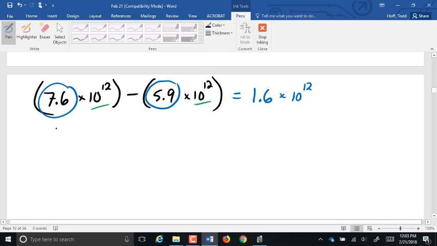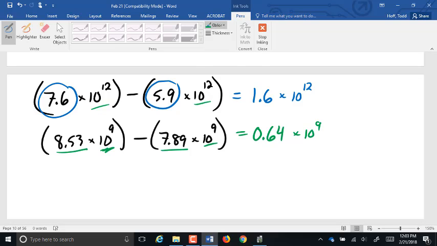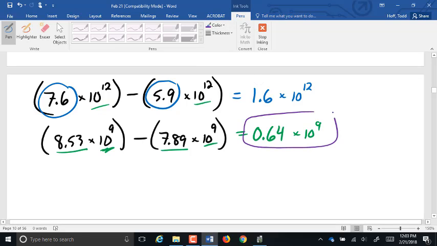We can run into issues here, of course. We might have 8.53 times 10 to the 9th minus 7.89 times 10 to the 9th. We go to subtract here, 8.53 minus 7.89 is 0.64. Then we keep our same name of 10 to the 9th. Now here again we have an issue.